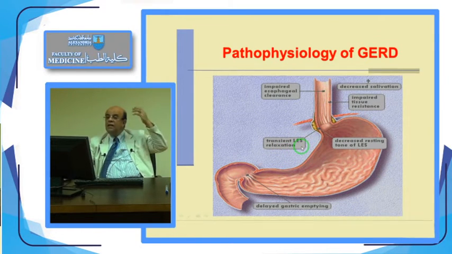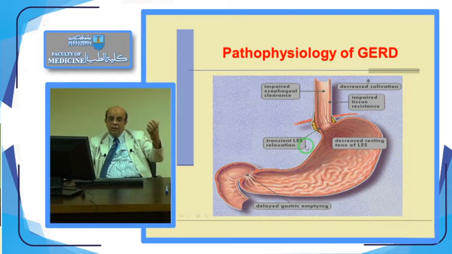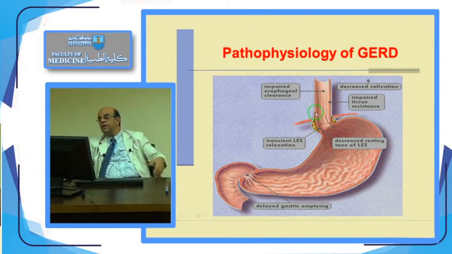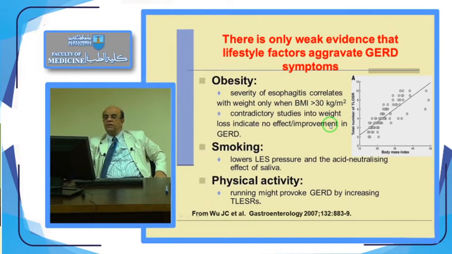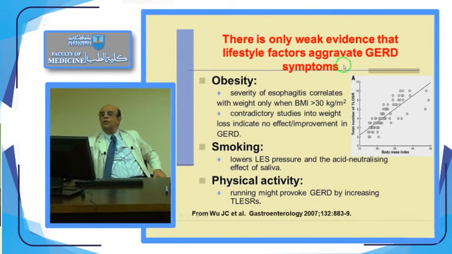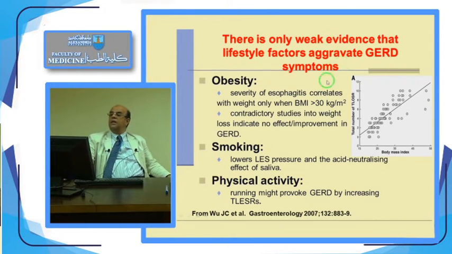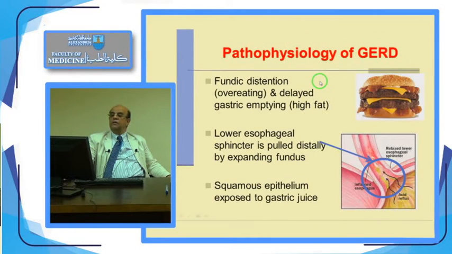This transient relaxation does not occur with swallowing, but it permits the refluxate to stay for a long time in the lower esophagus and delays gastric emptying. There is only weak evidence that lifestyle factors aggravate the reflux symptoms: obesity, smoking, physical activity, overeating, and delayed gastric emptying with high fat content in the food.